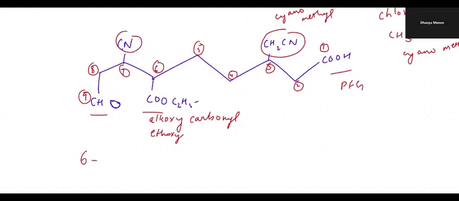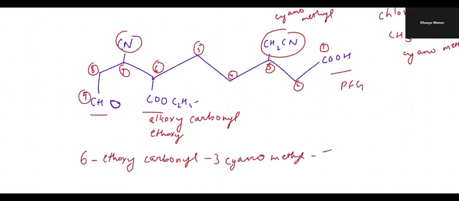6-ethoxycarbonyl. At the third position, I have cyanomethyl. Then at the 7th position, I have cyano. 9th position, oxo, because I have numbered the aldehyde.